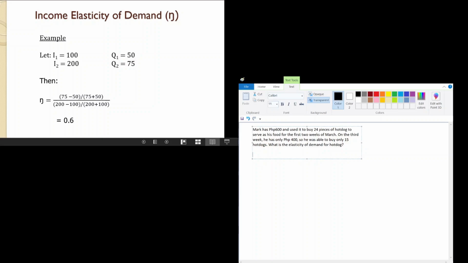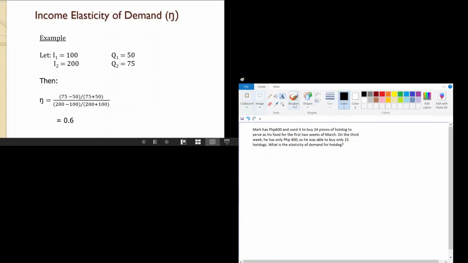So first, we need to identify ano yung first na income, and then ano yung second na income, and then ano yung first na quantity demand, or first demand and second demand. So, sulat natin. Okay, so yung I1 natin, ano yung I1 natin?